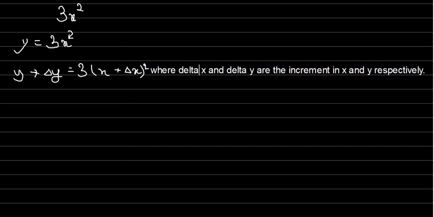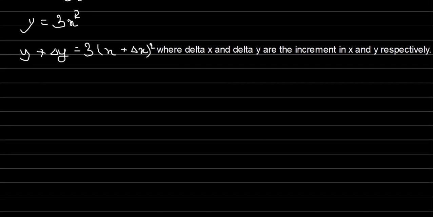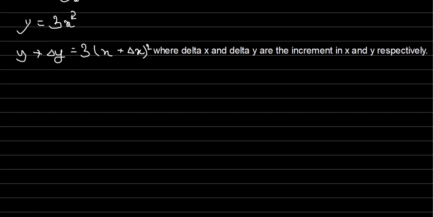This one can be simplified as 3 times x square plus 2 times del x dot x plus delta x whole square.